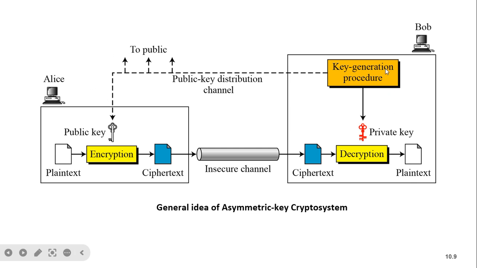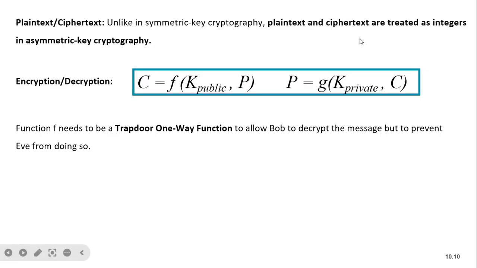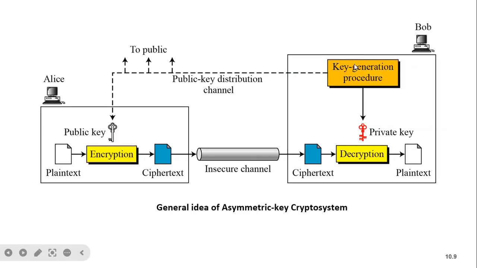Now this is the general structure of the asymmetric key crypto system. For example, when Alice wants to send a message to Bob, the process is initiated at the receiver side. Using some parameters, Bob shares the public parameters with Alice. Using those public parameters, Alice encrypts the message, and the encrypted message is sent over the channel.